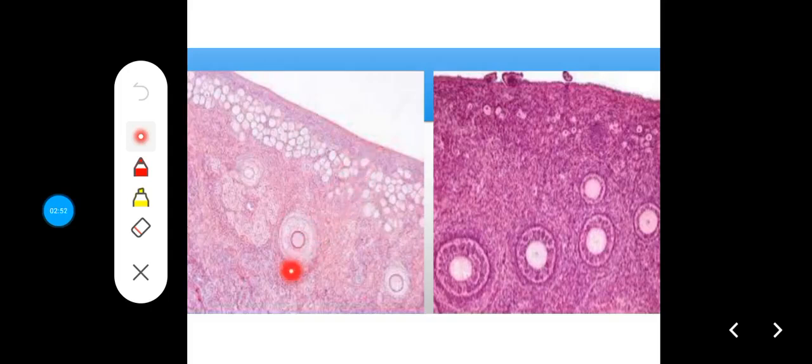In the cortex, you find primordial follicles, primary follicles, and mature follicles in various stages of development, suspended in stroma. The medulla is mainly made up of connective tissue, and you find blood vessels, nerves, and lymphatics. This is how the corpus luteum looks.